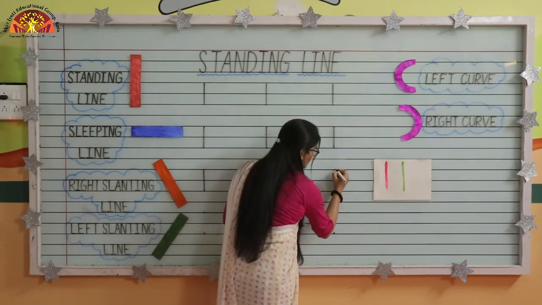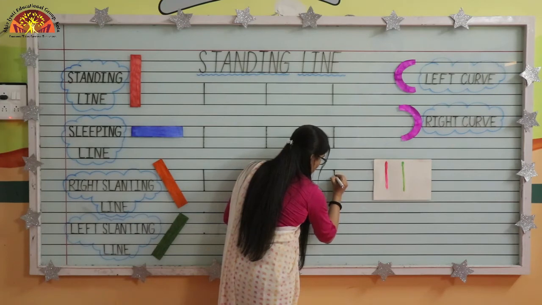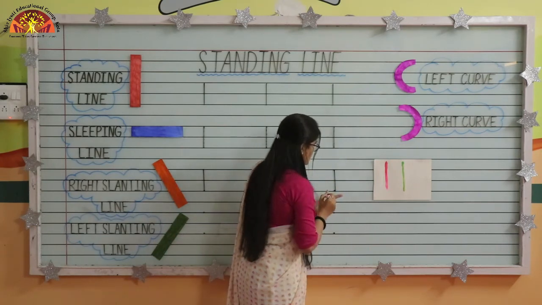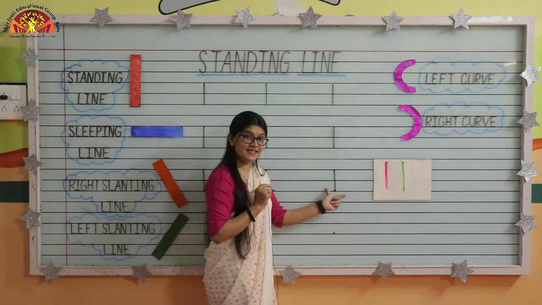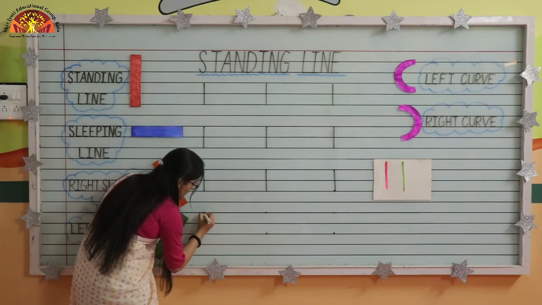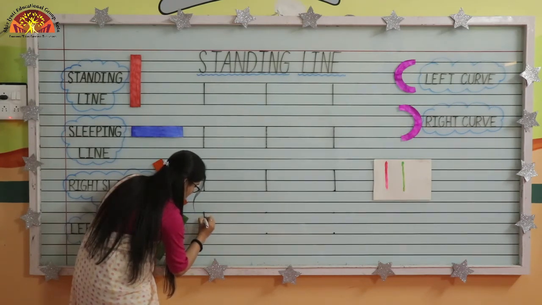Now kids, do it again. Put your crayon here and make a straight line. Join the dots very carefully like this. What is this? This is standing line. Do it again. Put your crayon here and make a straight line top to bottom like this.